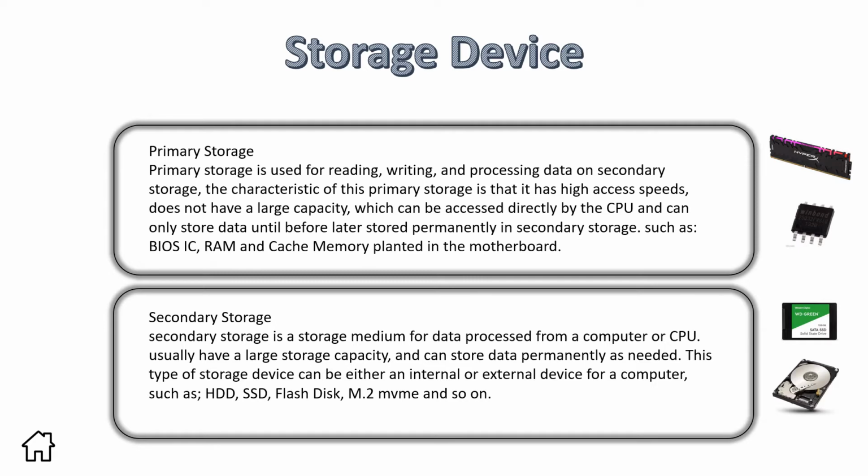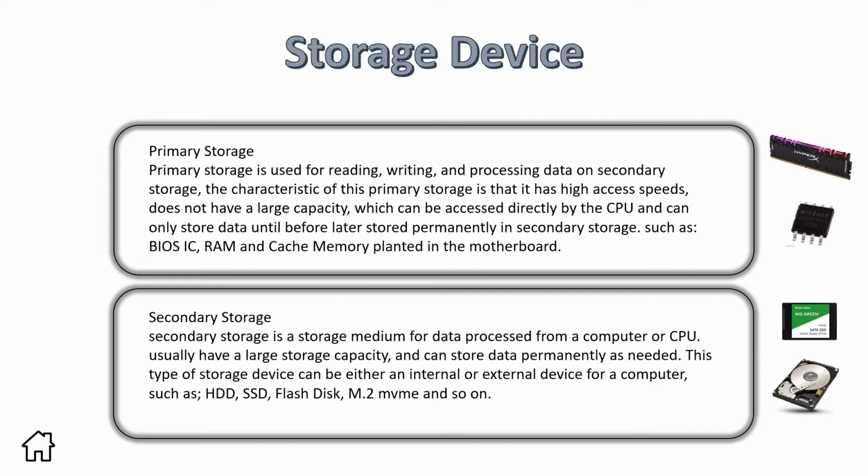The characteristics of primary storage are that it has high access speed, does not have a large capacity, can be accessed directly by the CPU, and can only store data temporarily before it is later stored permanently in secondary storage, such as USB, RAM, and cache memory printed in the motherboard.